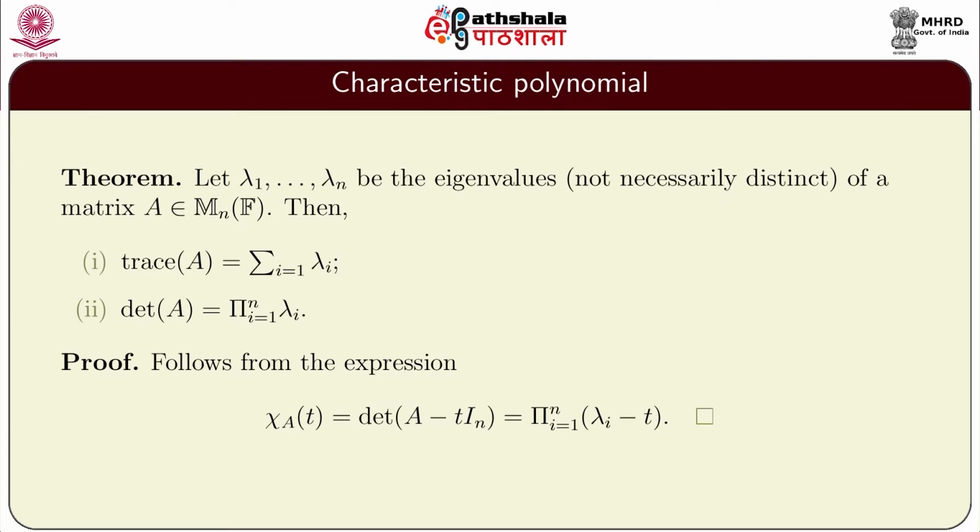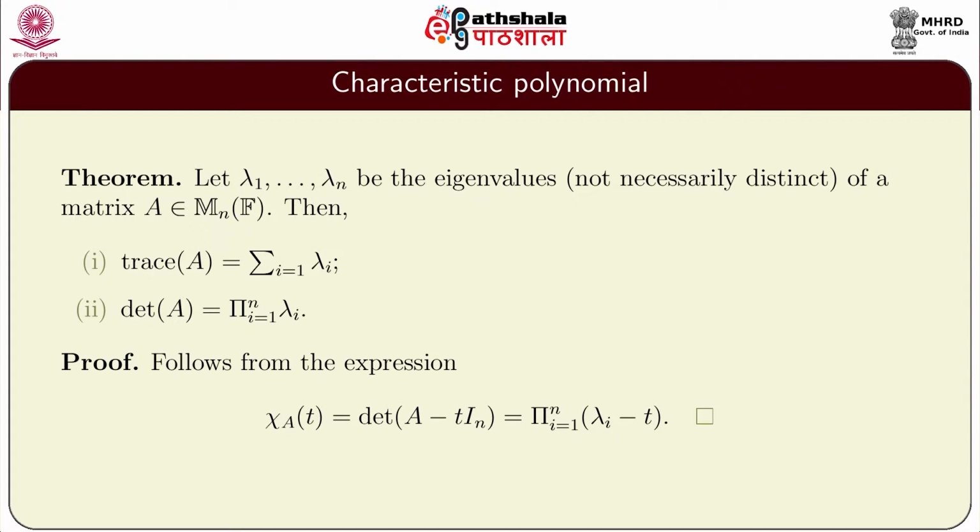That means an eigenvalue is a root of the characteristic polynomial, and therefore lambda i minus t has to be a factor of the characteristic polynomial, and lambda 1 to lambda n are all the eigenvalues of A. Therefore, this has to be the factorization of the characteristic polynomial chi A of t, that is the product of (lambda i minus t).